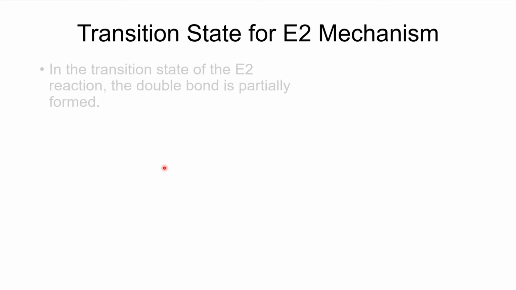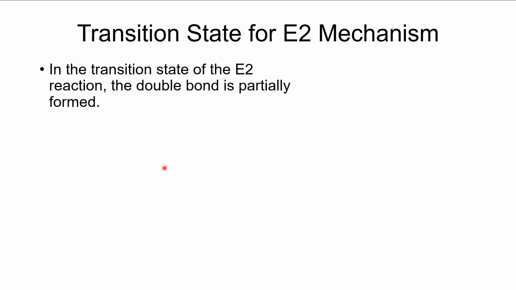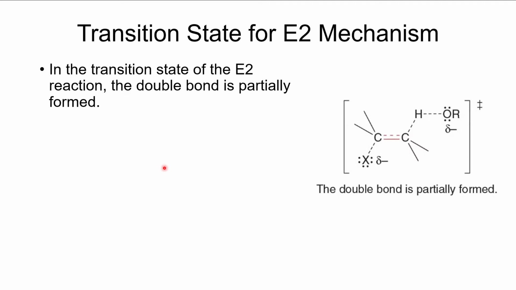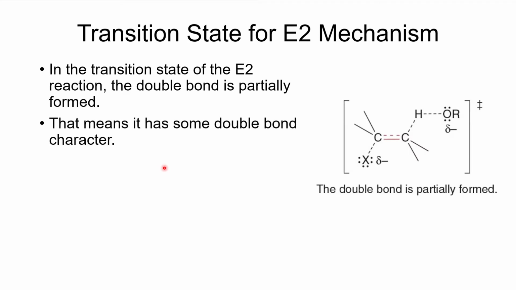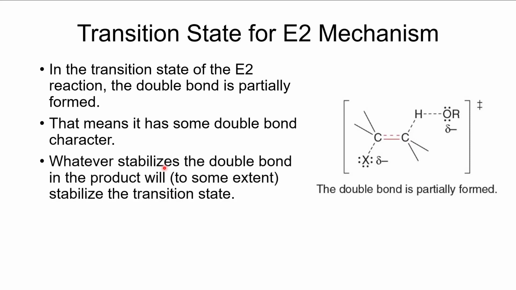So the transition state for an E2 mechanism, we are going to have a partially formed double bond. Because we have a partially formed double bond, that means that transition state has some double bond character. And to the extent that it has some double bond character, anything that stabilizes that double bond will also stabilize the transition state.